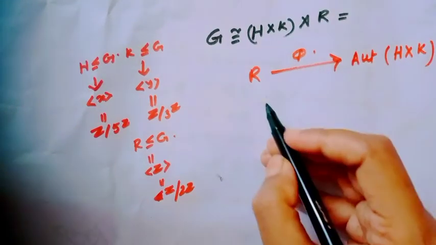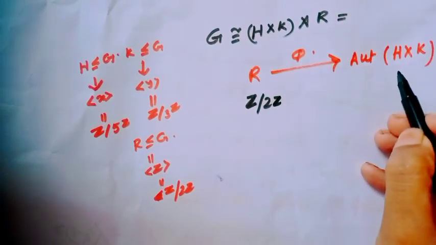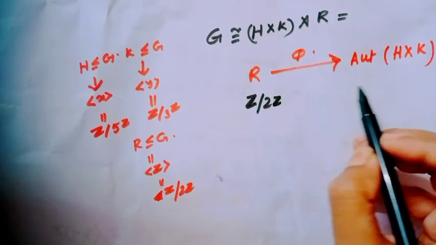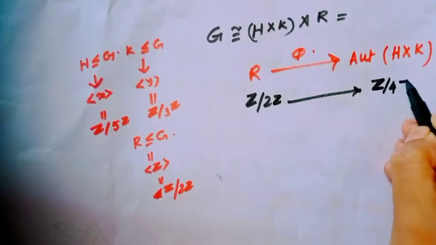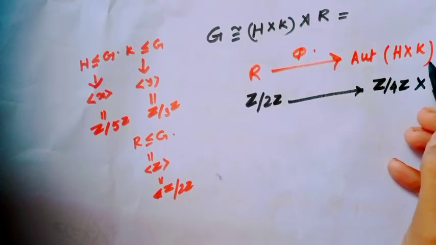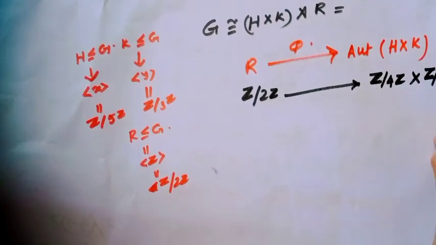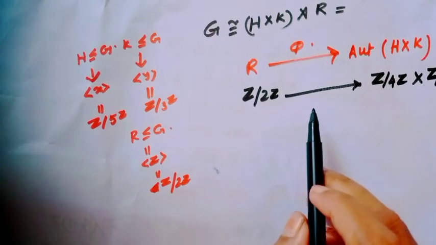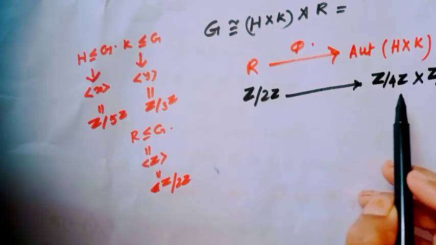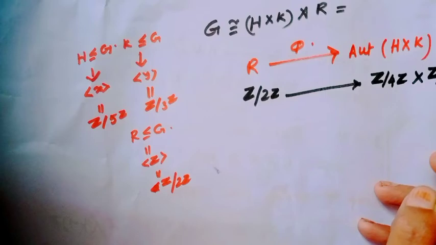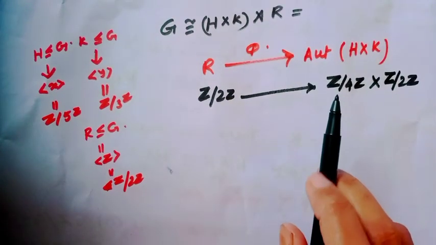Here R is Z mod 2Z, and all of us know the automorphism group of H is Z mod 4Z. That means this direct product Z mod 4Z direct product, here K means Z mod 3Z, that means this automorphism group is Z mod 2Z. That means there exists a homomorphism from Z mod 2Z to Z mod 4Z direct product Z mod 2Z, and now we have to find what the possible homomorphisms are.